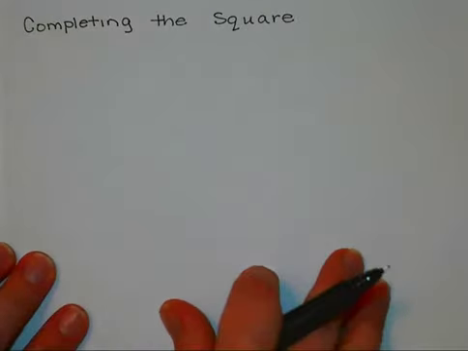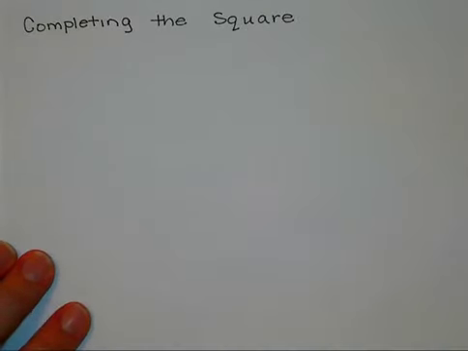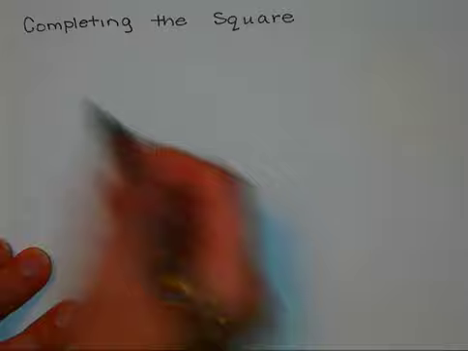In this video, I'm going to show you the process of doing what's called completing the square. Completing the square is used to turn any quadratic, a second degree expression or equation, into what's called a perfect square trinomial.